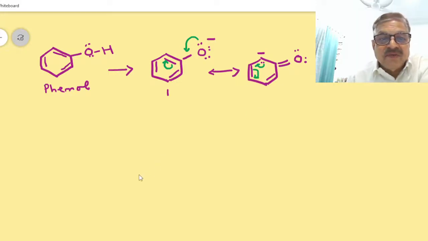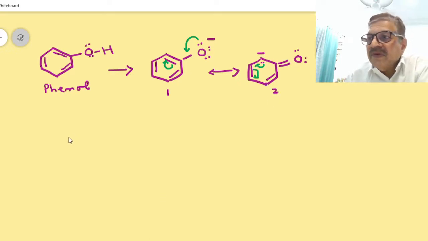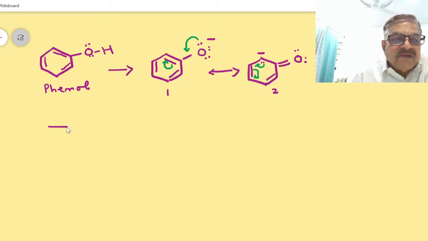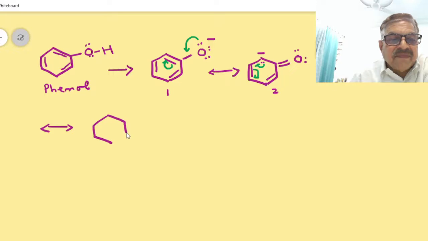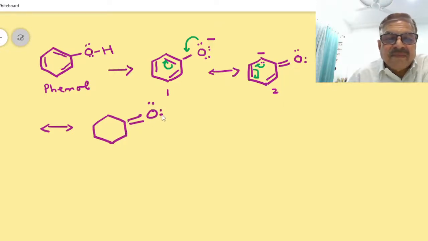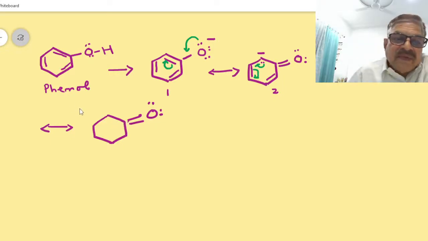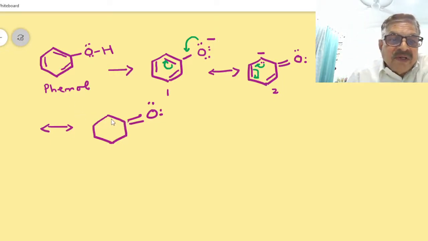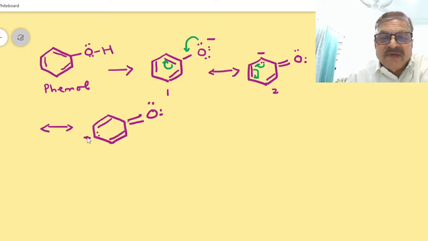This is our structure 2. Then here we will be getting another structure, the third structure. In the third structure, there is a double bond here. Now this double bond is intact. There is a negative charge here.